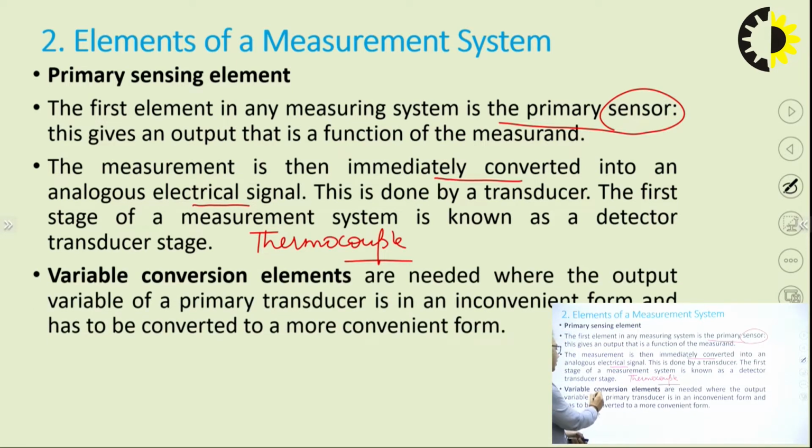Then second is the variable conversion element, which is needed where the output variable of the primary transducer is in an inconvenient form and has to be converted into a more convenient form.